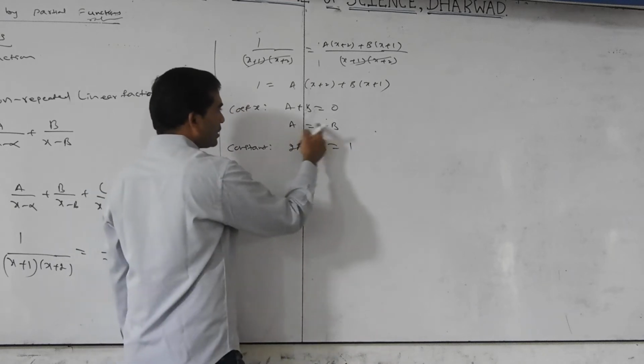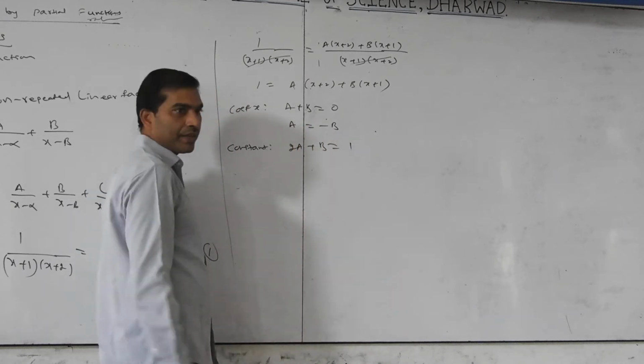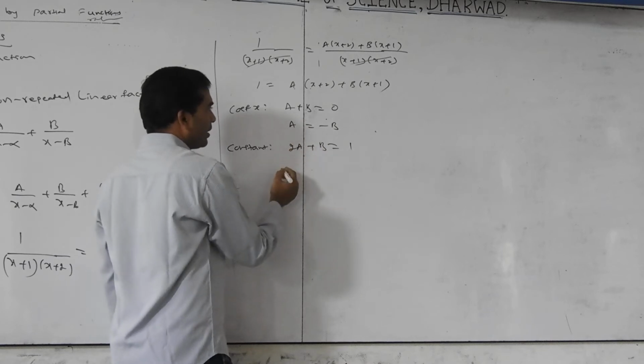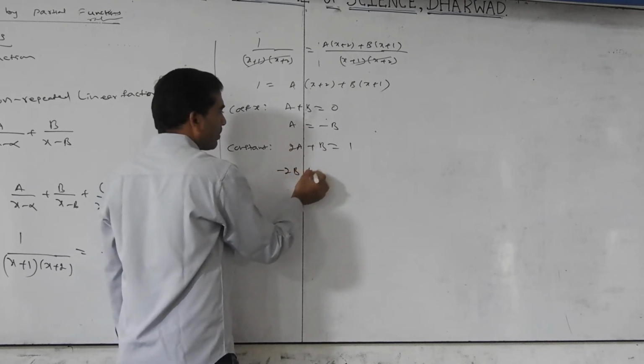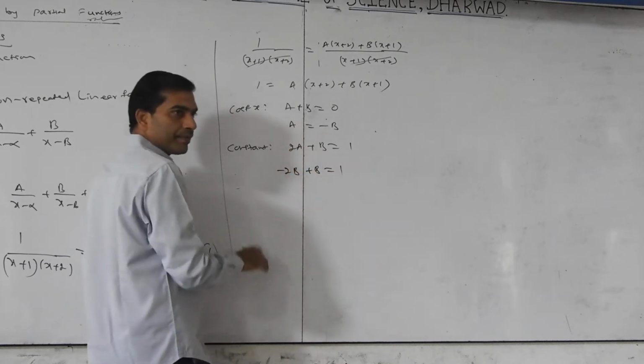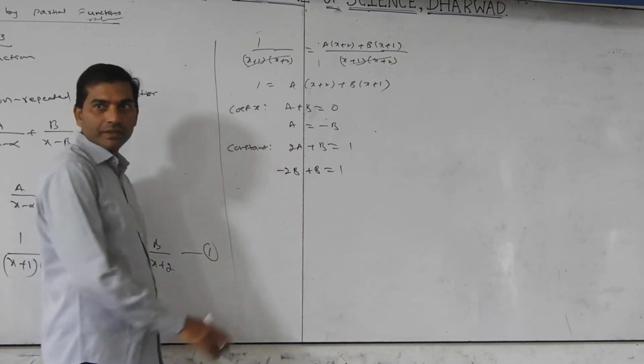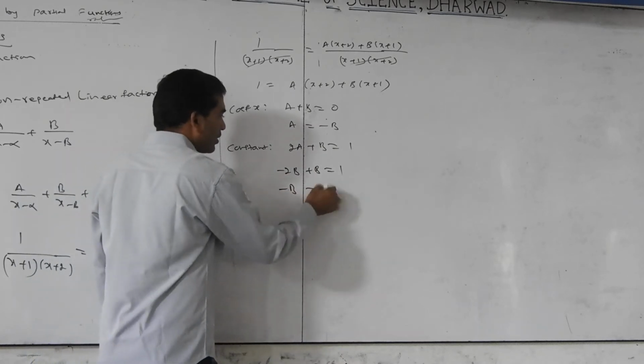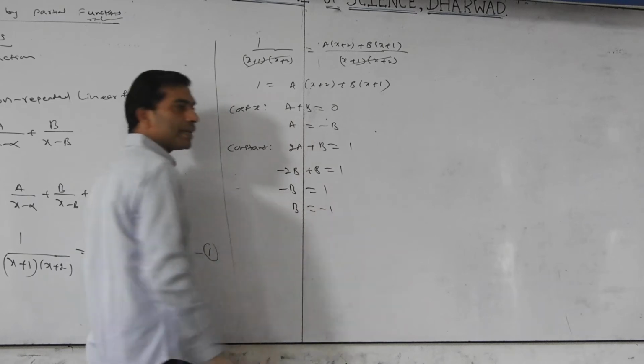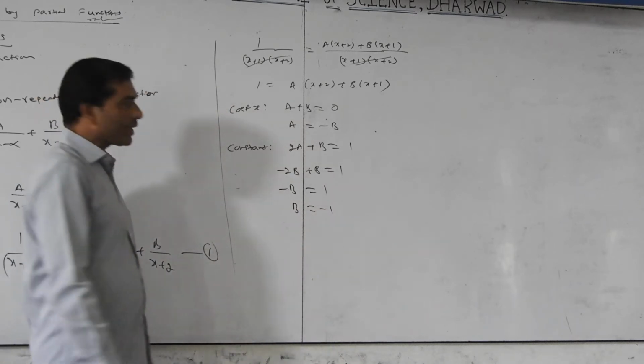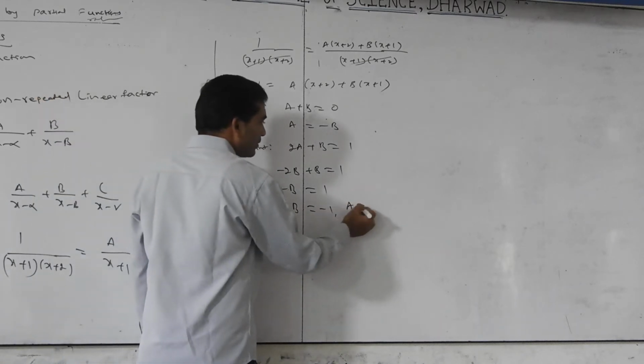By solving these two, we get a and b. Put a equal to minus b here: minus 2b plus b equal to 1, so minus b equal to 1, b is equal to minus 1. What about a? 1. Finish.